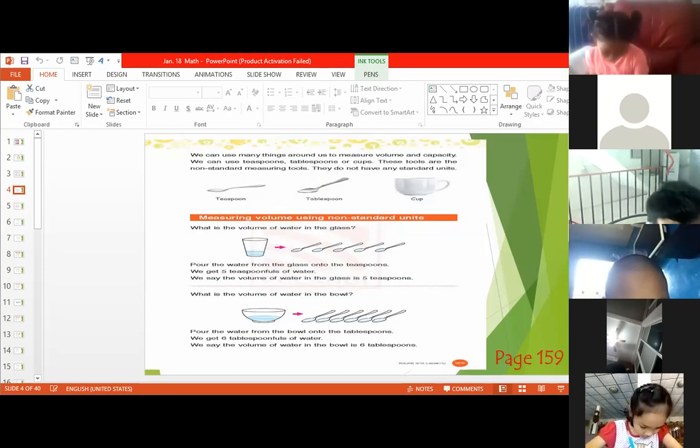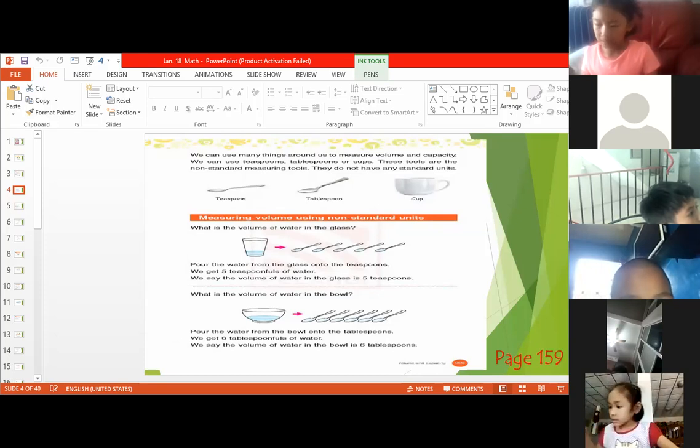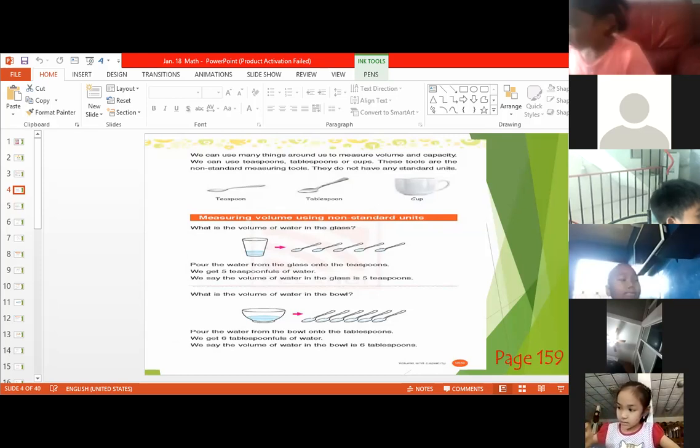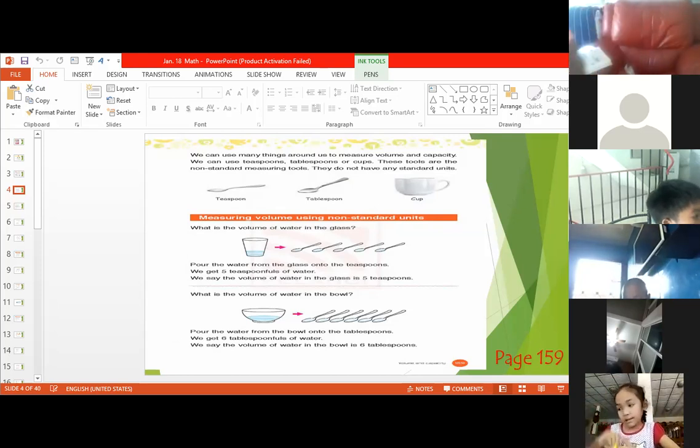Or any bowl or anything that you can put while measuring the water. Let's watch Ranchida. She will do it for you. Just watch it so that you know what the volume is by measuring with non-standard measurement. So let's wait for Ranchida for a minute. She will do it for us.